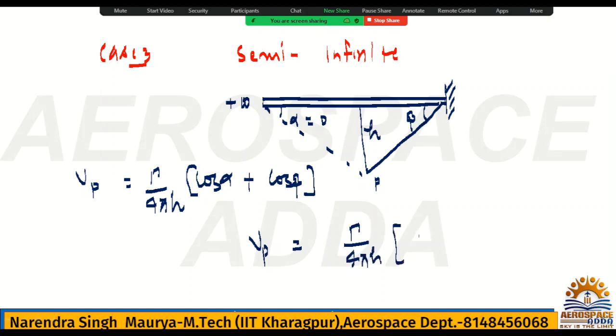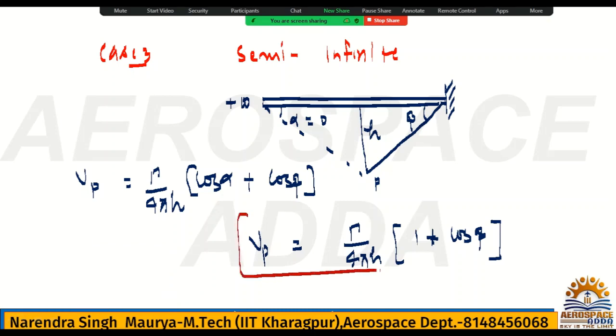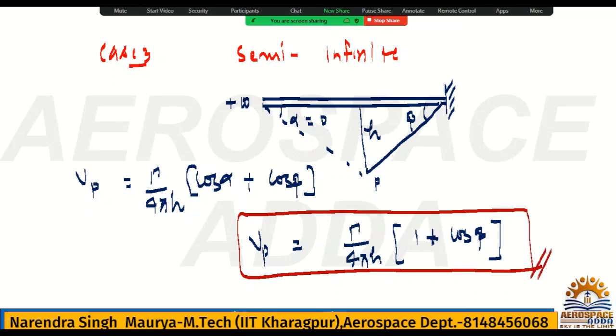What is cos alpha? Cos 0 is 1, plus, it is finite, so beta will be given to you. I'm writing cos beta only, because beta can be anything, because it's finite. It can be 30 degree, 40 degree, 50 degree, 60 degree, anything. Yes or no? This is semi-infinite.